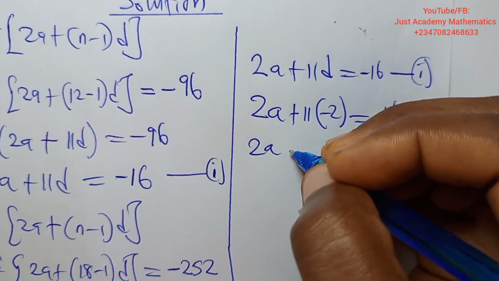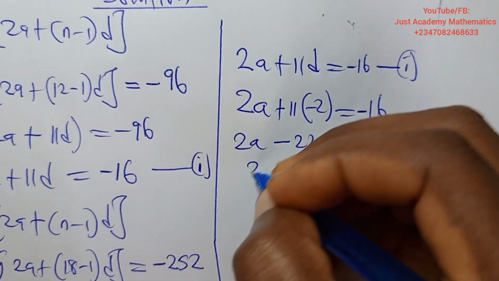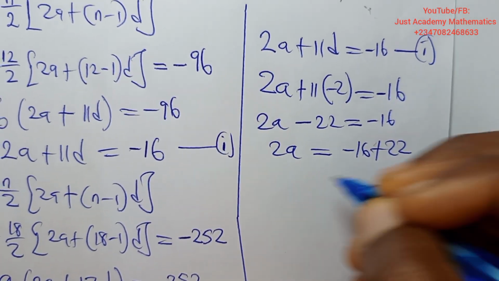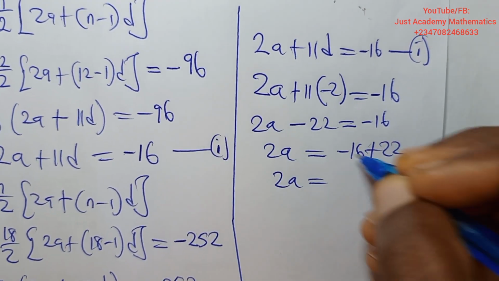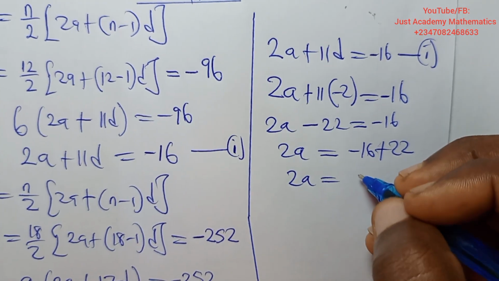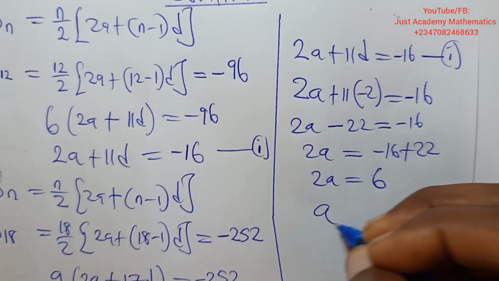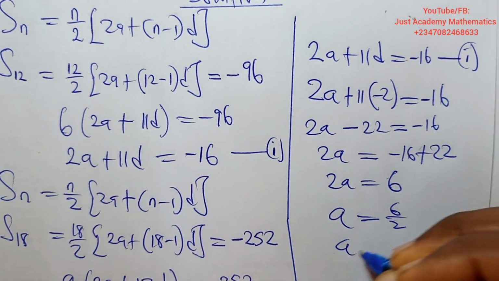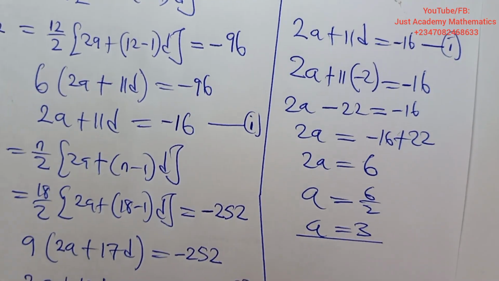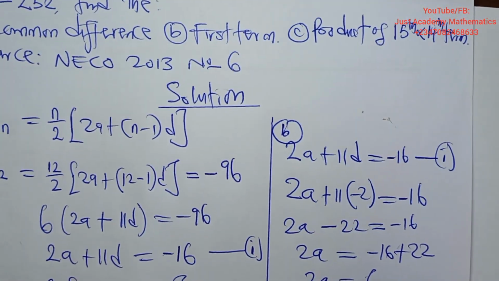So 2a minus 22 equals minus 16, so 2a equals minus 16 plus 22, which gives us 6. We divide both sides by 2, so a equals 6 over 2, which is 3. So we have gotten a and d. That is the first term, the second part.